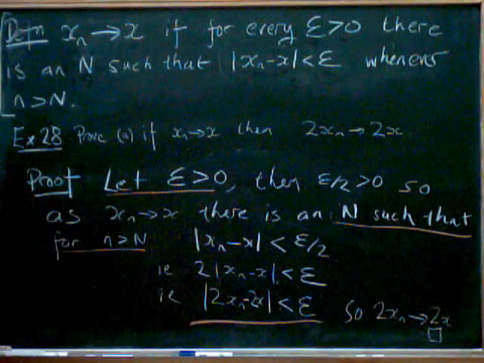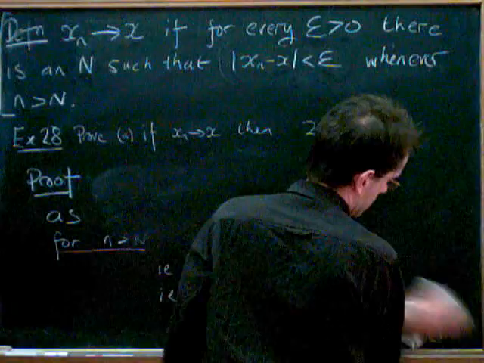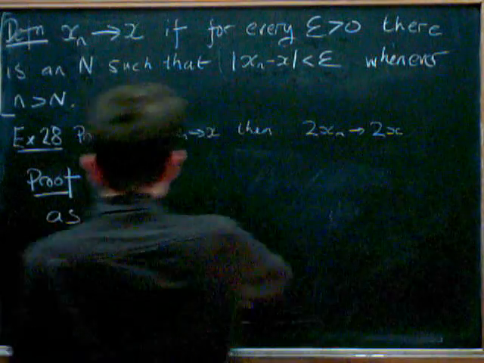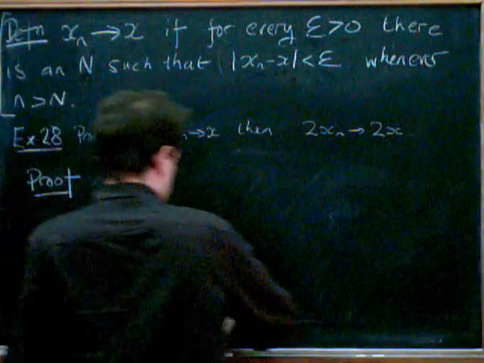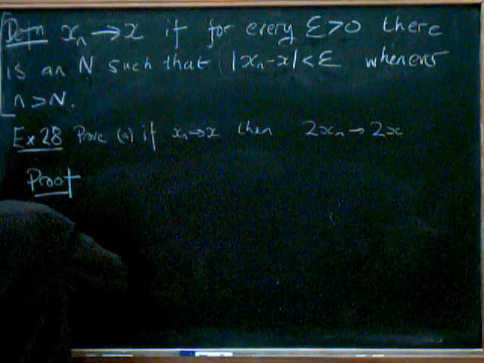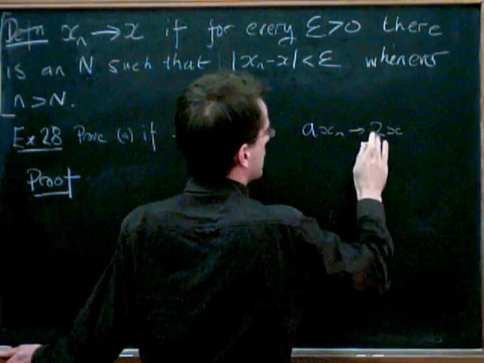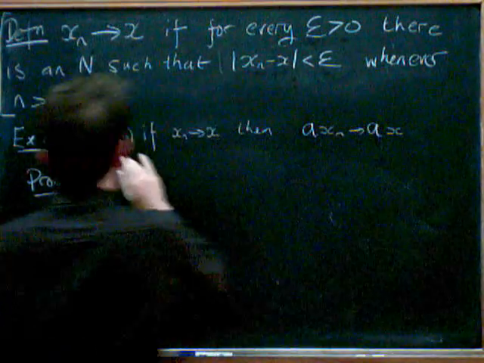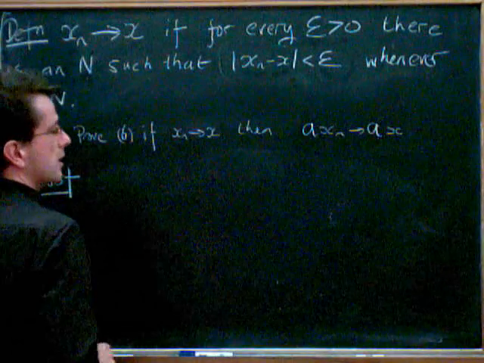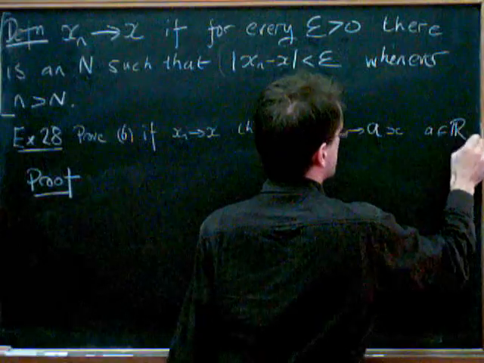Okay, so now we can run this through again. We can do this quickly because the second part of the question is almost exactly the same, but we need to be slightly more careful. The second part of the question just replaced that 2 with an a, where a was any real number.